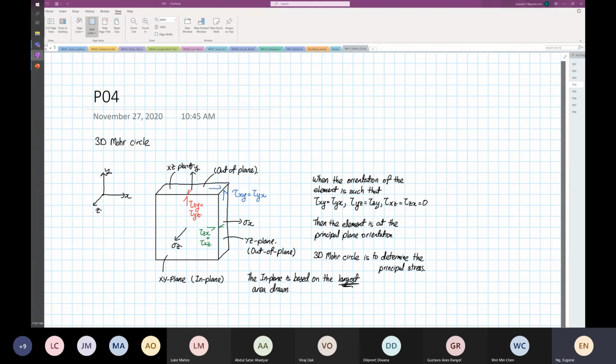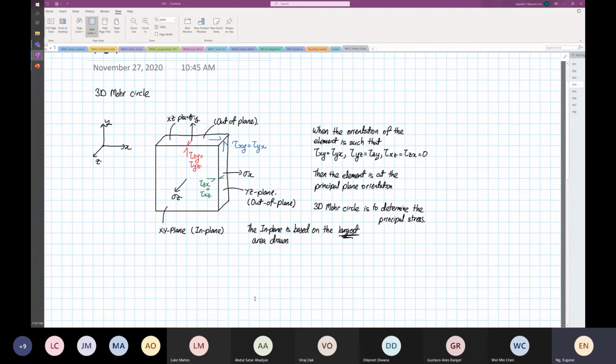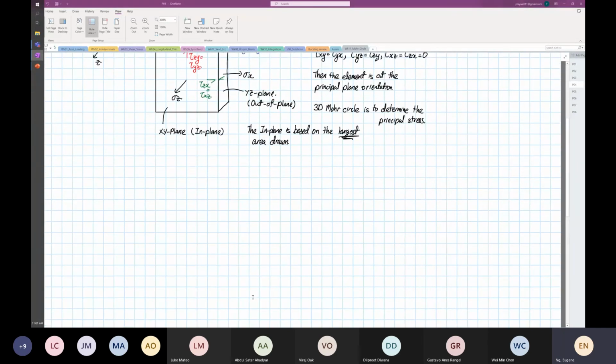That's important. Later on, probably not today, next week, we will analyze the structure in 3D, and then we select the material based on 2D tests. That's what we're trying to do next week. So now let's look at 3 different conditions on 3D Mohr circle.